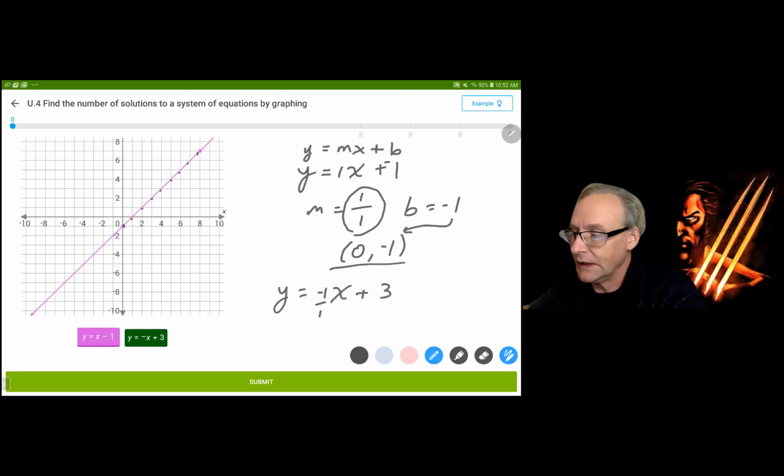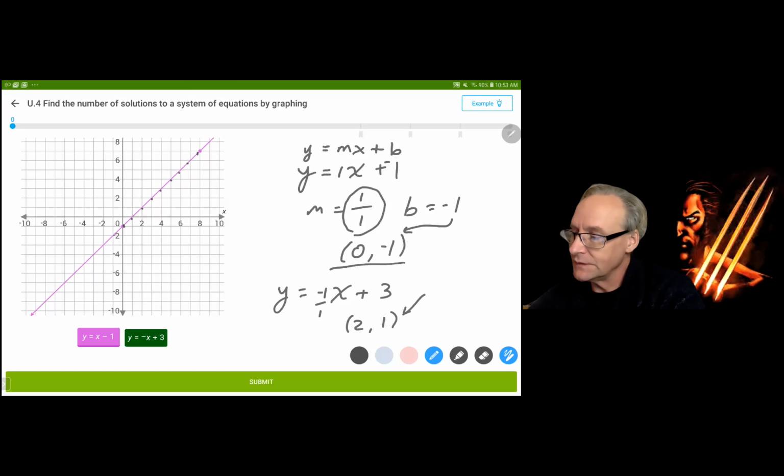For example, if I chose 2 for x, hopefully everybody can see that if I put a 2 in there and multiply by negative 1 and then add 3, I get 1. (2, 1) is one of my points on that green line, because if I put a 2 in for x, I get a 1 for y.